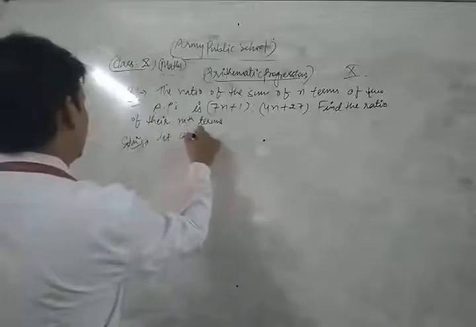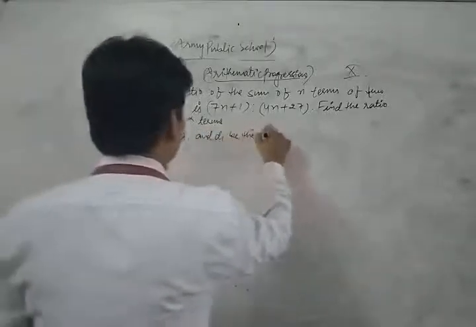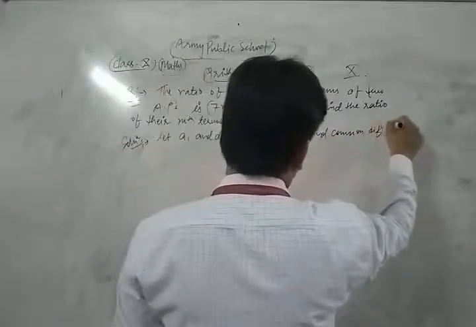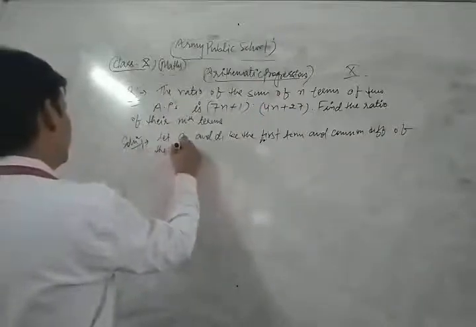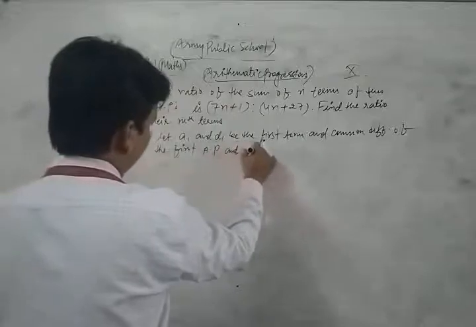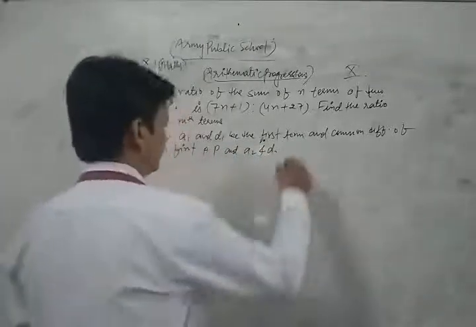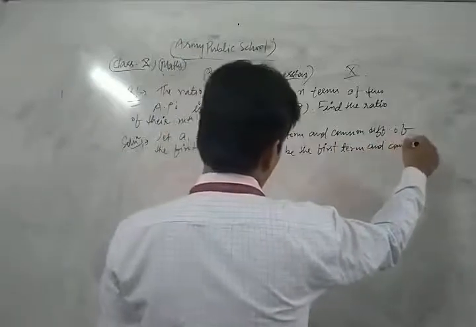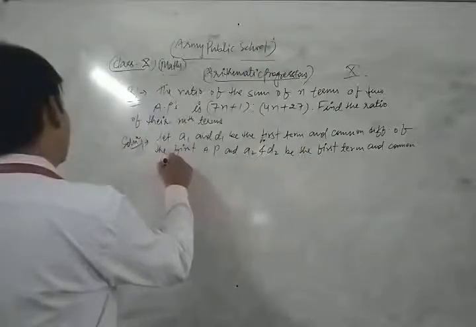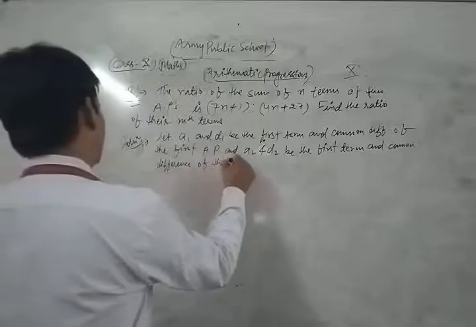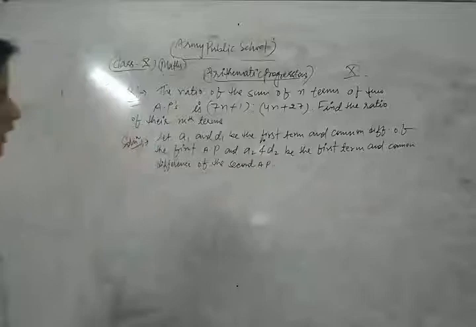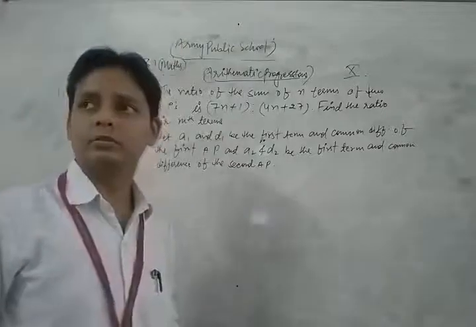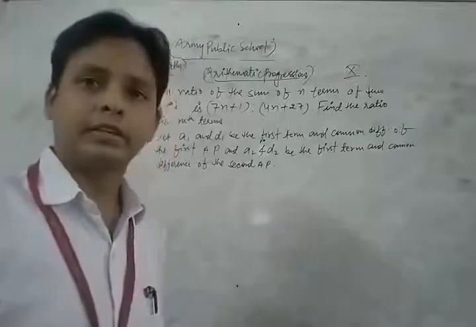So let a1 and d1 be the first term and common difference of the first AP, and a2 and d2 be the first term and common difference of the second AP.